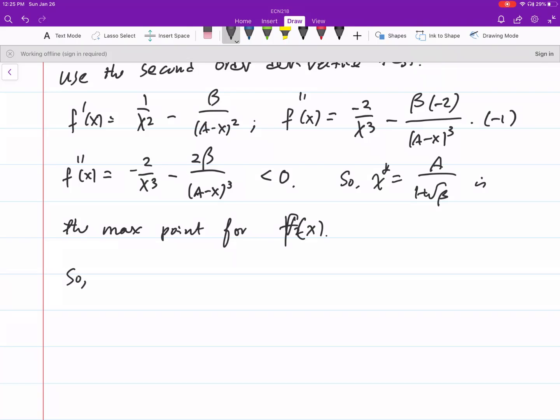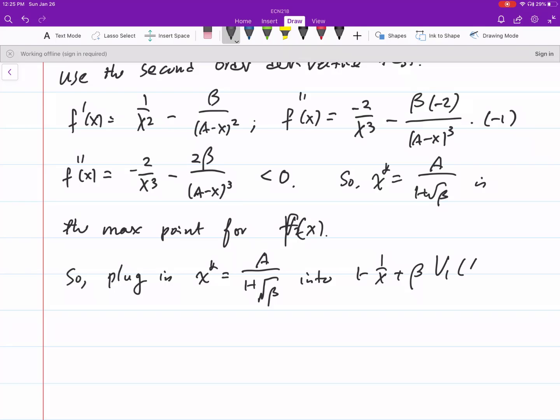So plug in x star into 1 minus over x and plus beta V1 of a minus x, and we have the maximum.